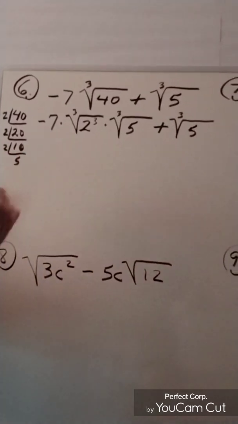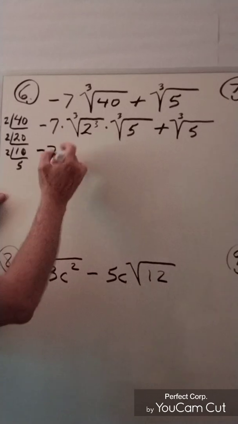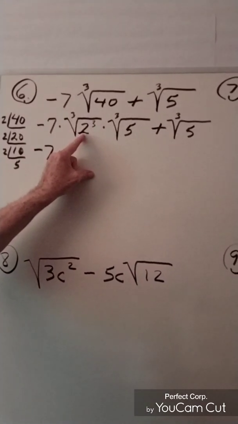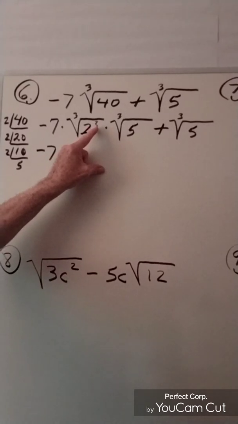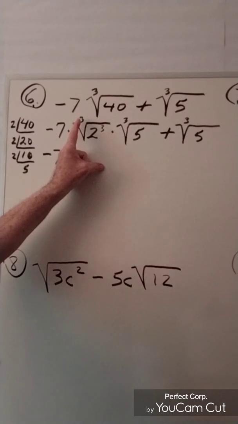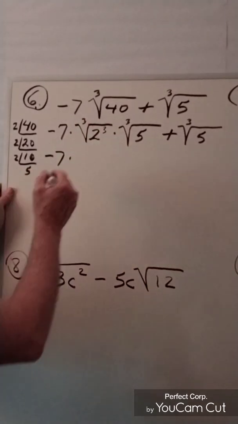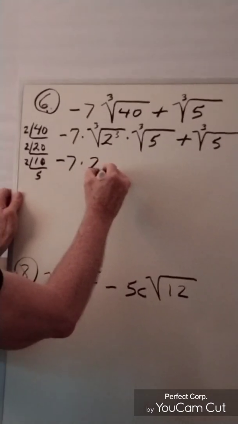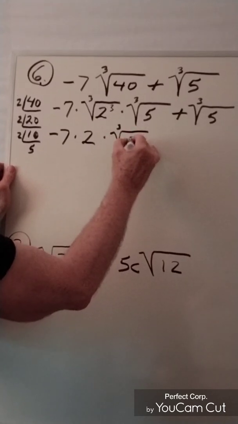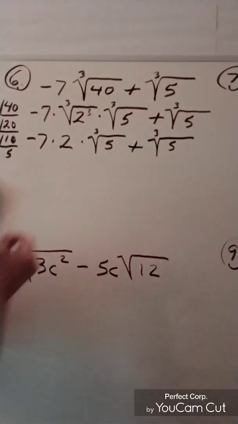Back to the left. Down. Down. Bring down the 2 because its exponent matches the index. 3 divided by 3 will just leave 2 times cubed root of 5 plus cubed root of 5.